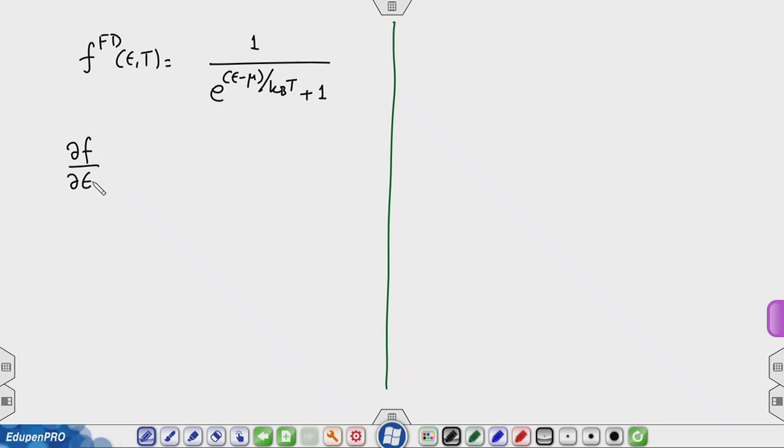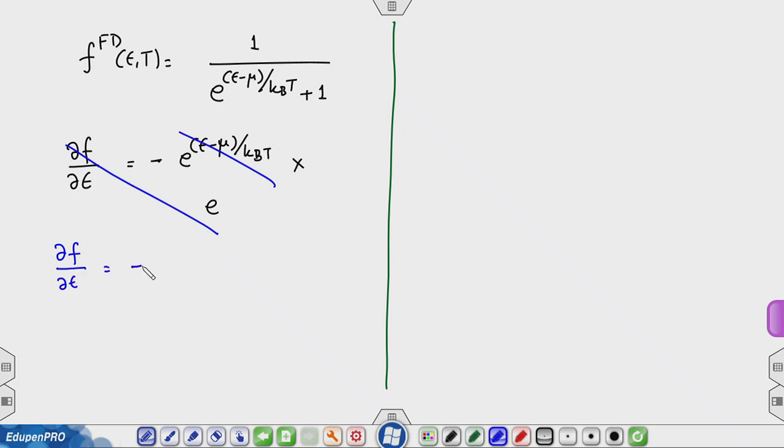So the partial derivative with respect to energy, partial f over partial epsilon, is going to be equal to minus 1 over kBT times e raised to epsilon minus mu over kBT divided by e raised to epsilon minus mu over kBT plus 1 whole square.